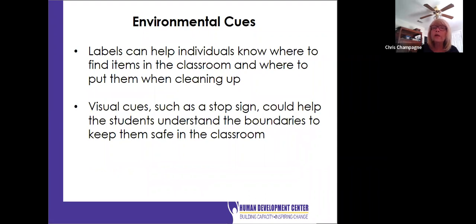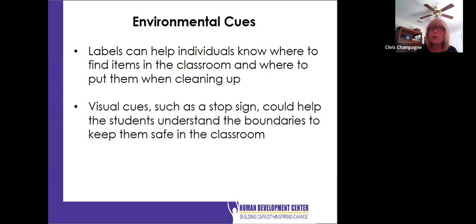So environmental cues can be things like labels that help students know where to find and put things. And they could be things as simple as having a stop sign on the door, just to remind students that they need to stop when they get there and they're not allowed just to go through the door.